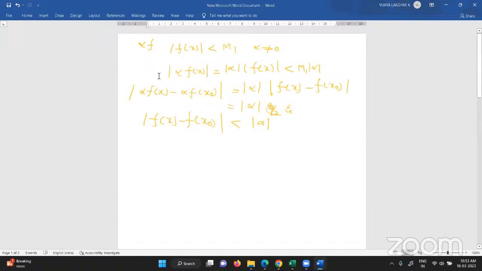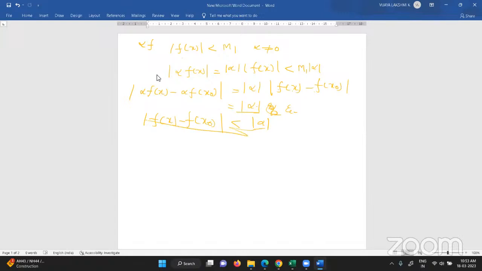Here what we have to prove? You have to prove that alpha f is continuous. To prove alpha f is continuous, consider mod alpha f at x minus alpha f at x naught, which is mod alpha into mod f of x minus f of x naught. That means if f is continuous, this is less than mod alpha into epsilon.